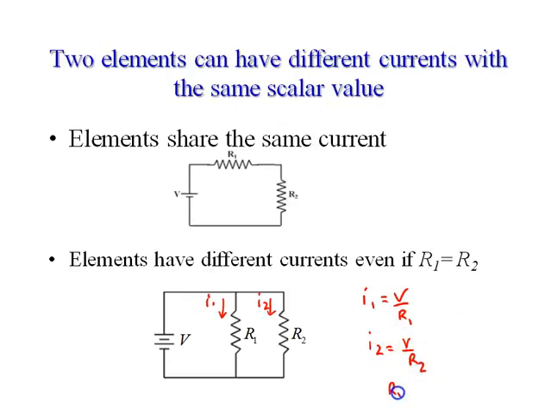If R1 is equal to R2, then I1 will equal I2 in value. Their scalar value will be equal, but they're not the same current. The arrows have to be drawn in a different place. So make sure you understand the difference between the same current and a current that has the same scalar value.